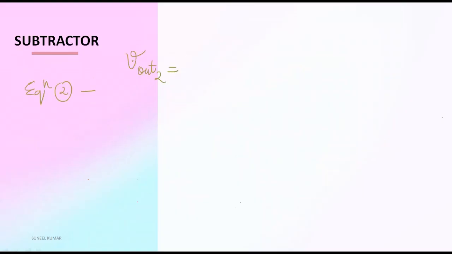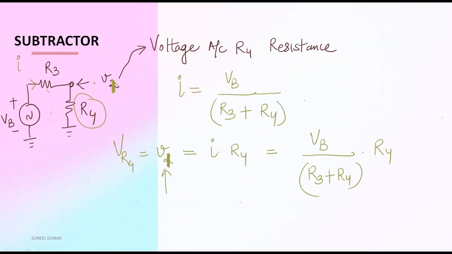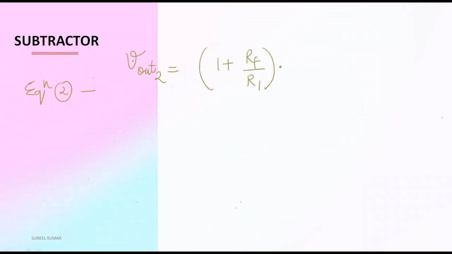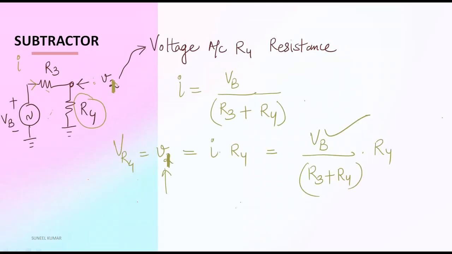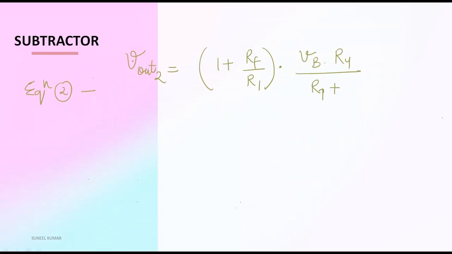So here we can write 1 plus RF upon R1 into V1, where V1 is VB into R4 divided by R3 plus R4.